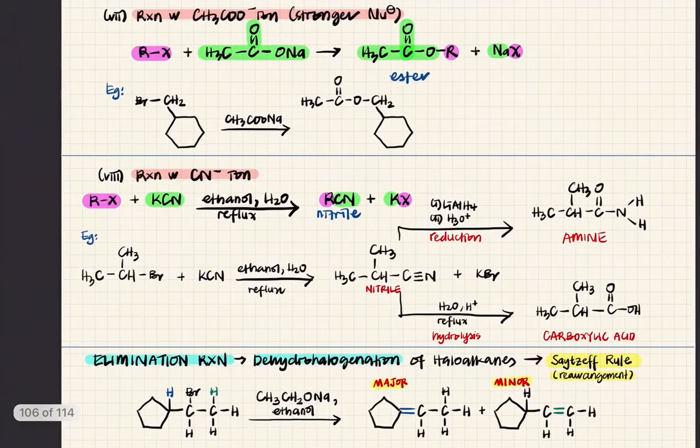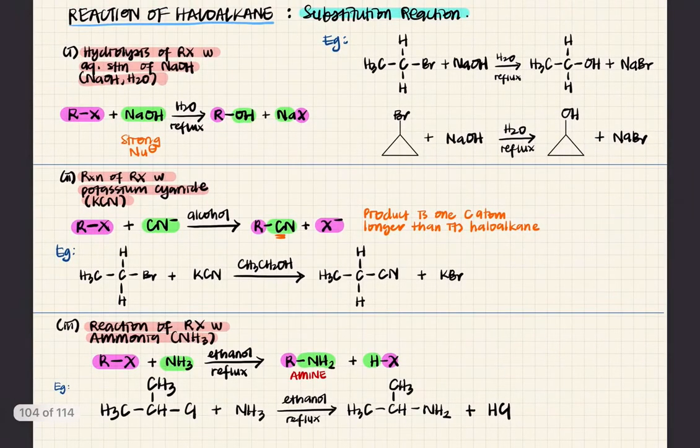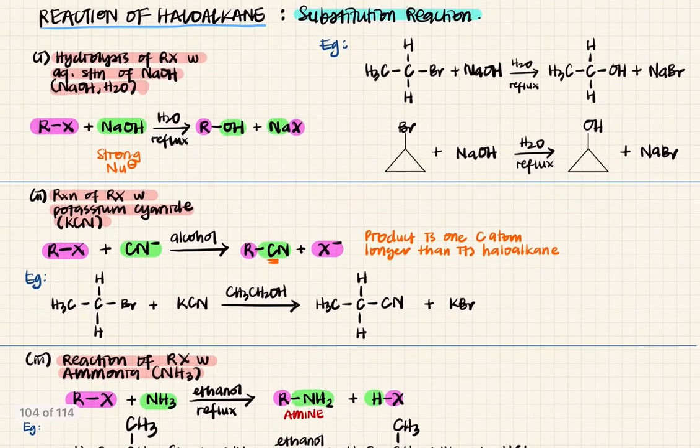Okay. So itu kita dah tengok pasal strong nucleophile dengan weak nucleophile kan. So contoh kita boleh tengoklah reactions kita sekarang ni, substitution reactions. So here this is a hydrolysis of haloalkane with aqueous solution of NaOH. So NaOH in water atau tulis as NaOH aqueous. Okay. Ini adalah hydrolysis.